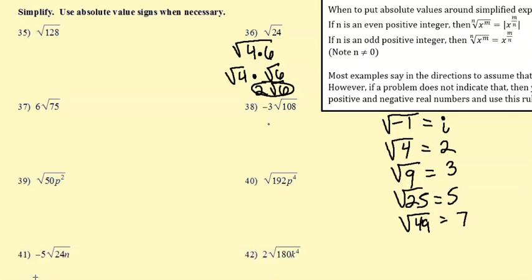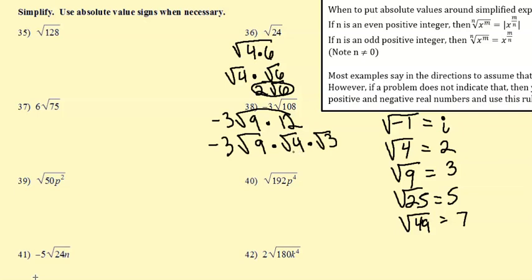Let's look at 38. We have negative 3 times the square root of 108. So 108 is 9 times 12. 12, you can also take out a perfect square of 4. So we have negative 3 times the square root of 9 times the square root of 4 times the square root of 3. 4 times 3 is 12. 12 times 9 is 108.